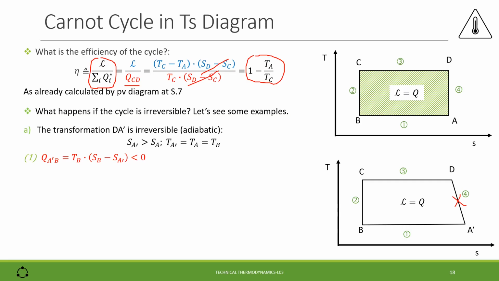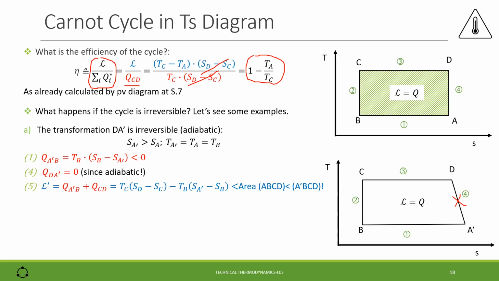The heat over the transformation A'B is the temperature at point B, that is the same as the temperature at the point A', times the difference of the entropy between point B and point A'. And we recognize that this heat is negative. The heat over the transformation DA' is zero because it's adiabatic, regardless if reversible or not.